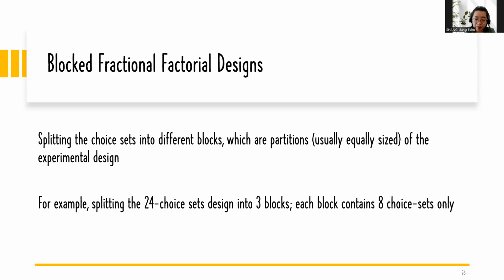Sometimes, even though we have the fractional factorial design and only use a subset of all possible combinations, the number of choice sets can still be considered too many. When this is the case, and you want to further reduce the burden on each respondent, you can consider using a block design.